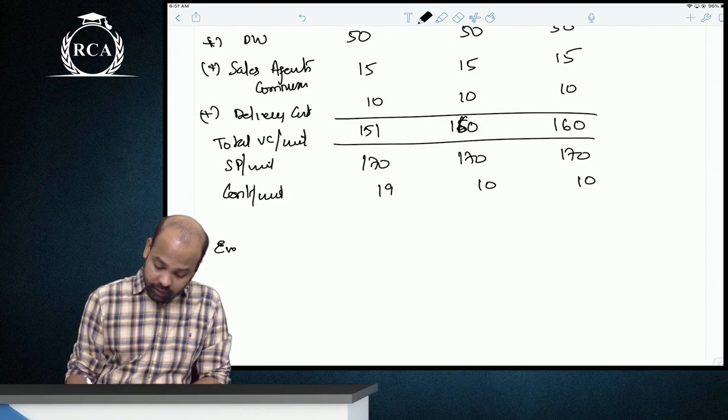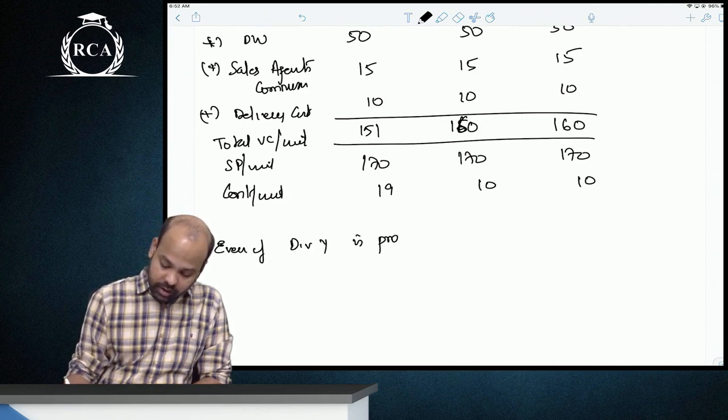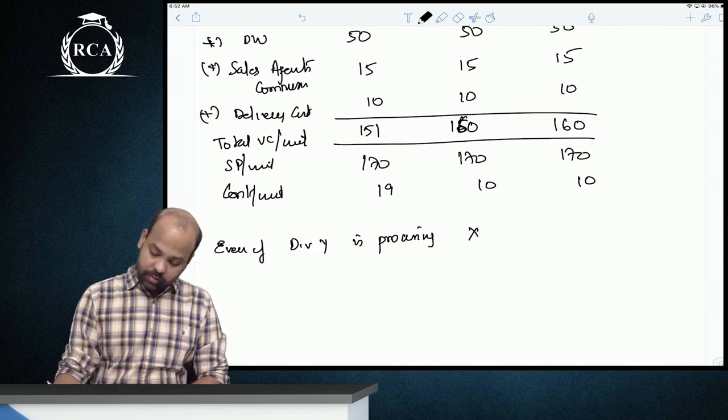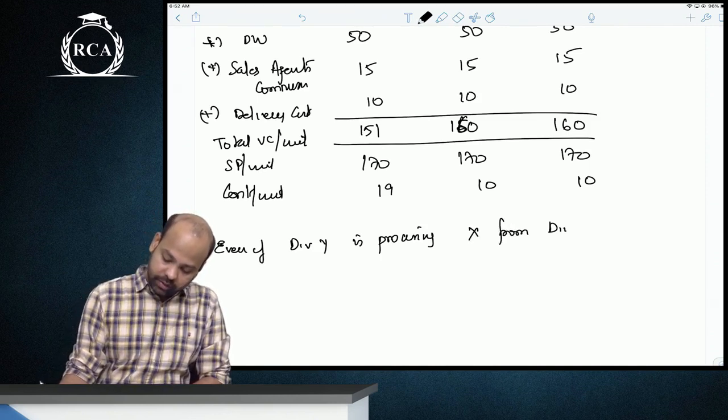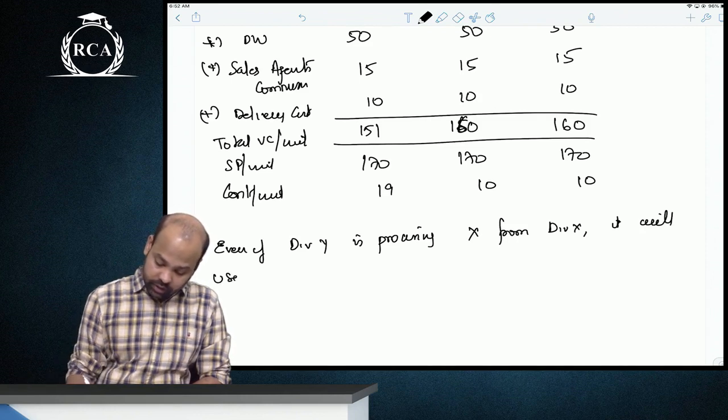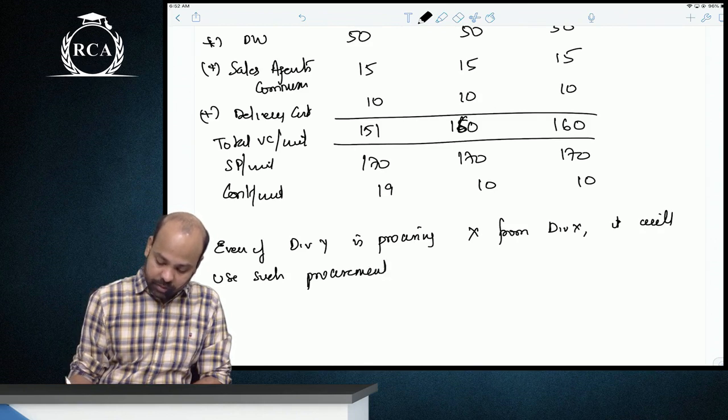Now, even if division Y is procuring component X internally from division X, it will use such procurement for the purpose of external sales.